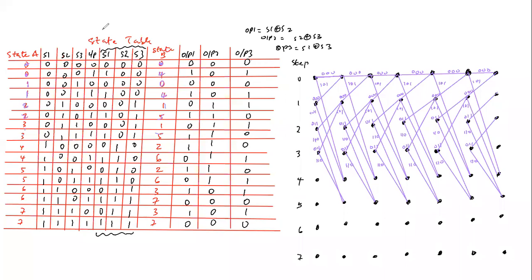Can now move on to 4 to 2 and 4 to 6. So from here, 4 to 2 and 4 to 6.